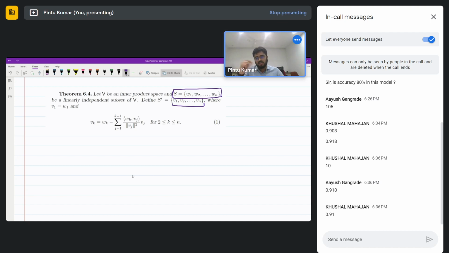Rather than going into the peculiarities, I'll just write it down. For the first one, v1, you straight away assign the first vector w1. For the first thing, you don't do anything.